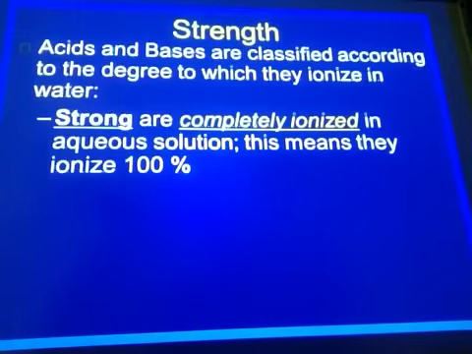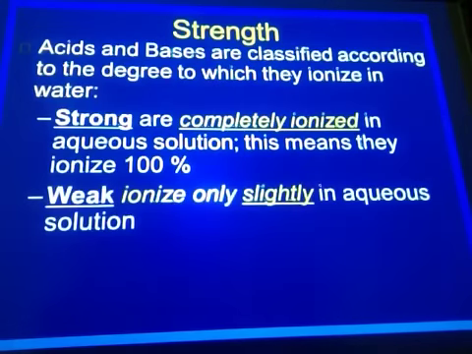So in terms of strength for acids and bases, we classify an acid or a base as being strong according to how much they ionize when they're in water. If an acid is a strong acid, then that means it is going to completely ionize when it is in an aqueous solution, when it's in water.